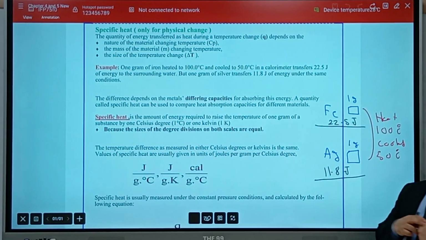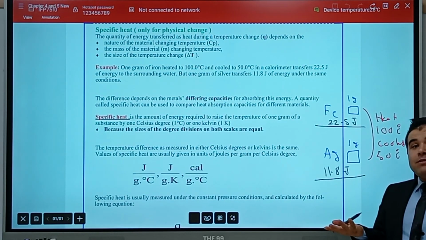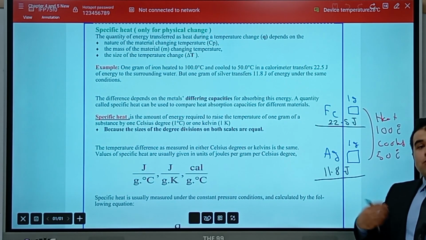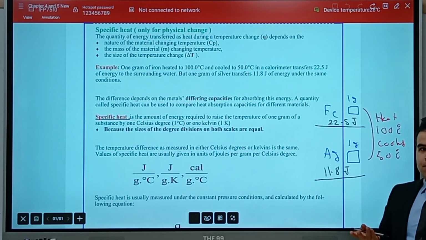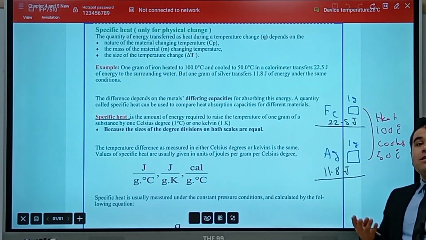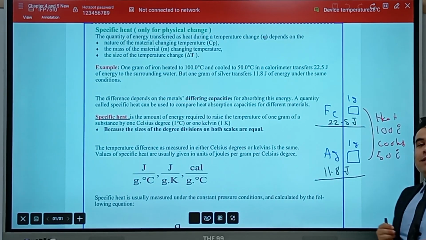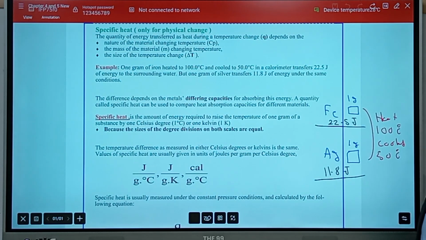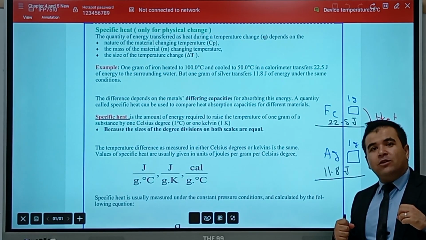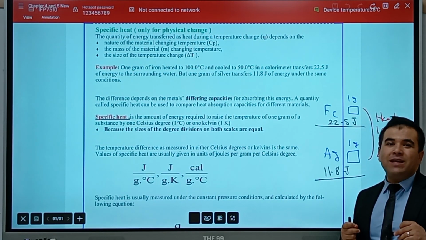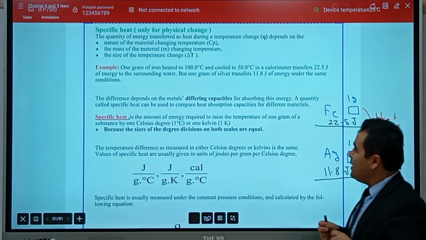This is related to the nature of those substances, to the absorption of heat. The absorption capacity of iron here is more than the Ag, and this absorption capacity we call the specific heat.